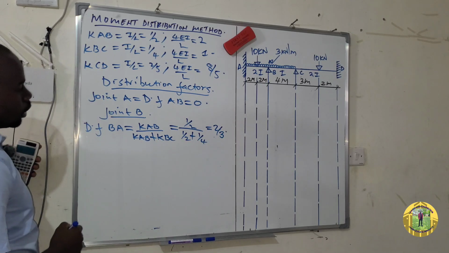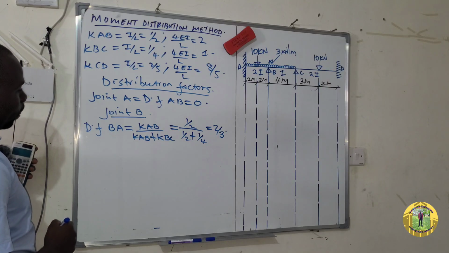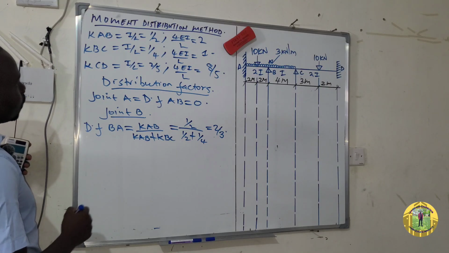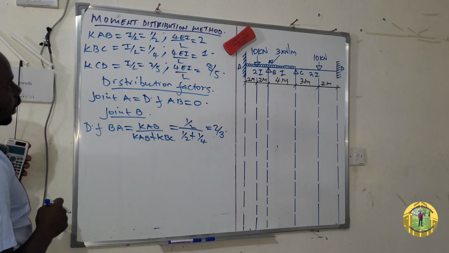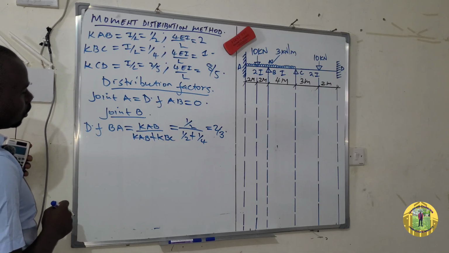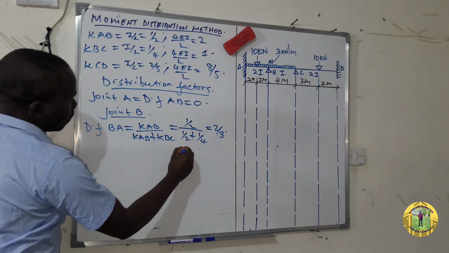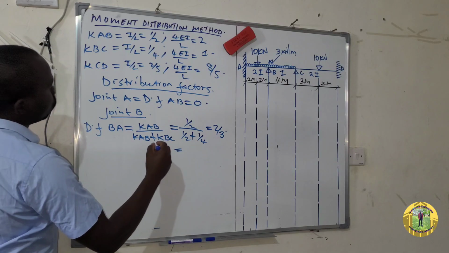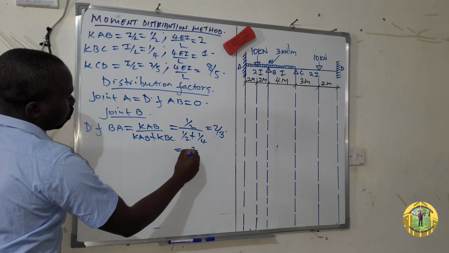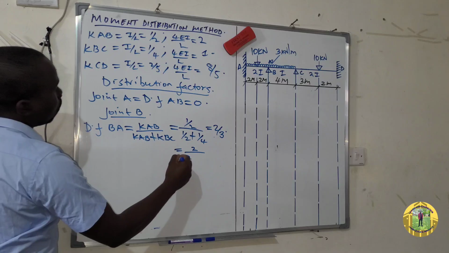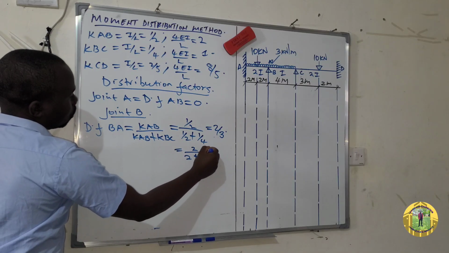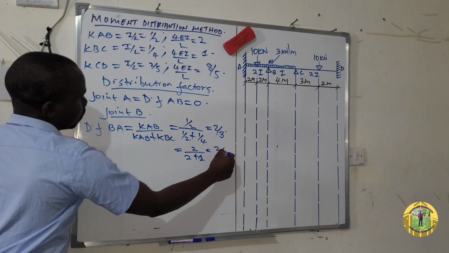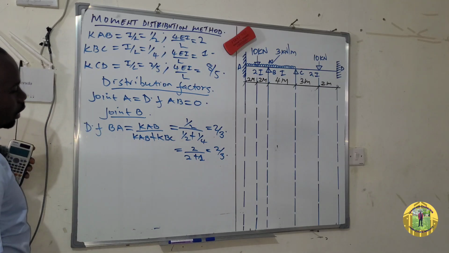In fact, fraction is the best, 2 over 3. And if we decide to use this one, 4EI over L, we will get 2 all over 2 plus 1. So you get the similar answer, 2 over 3, like that.